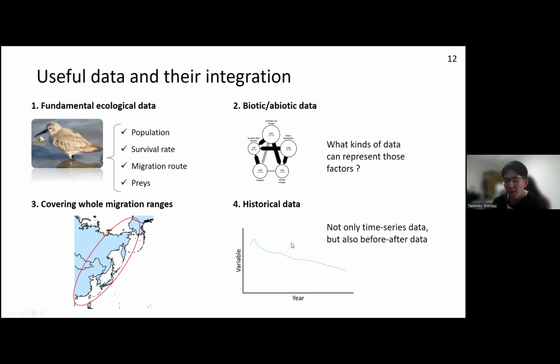And finally, we should examine historical data or historical estimation of shorebirds and the environment. Shorebirds are still decreasing, but the decline rate was also large in the past, like the 1960s and 1980s. So utilizing data from that period can help detect decline causes.